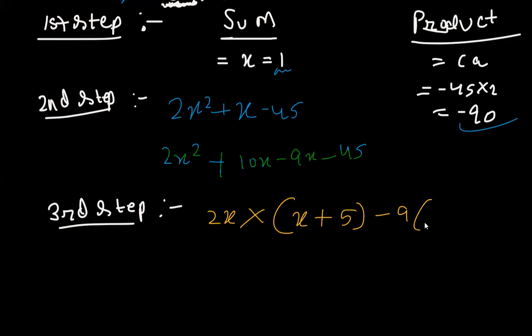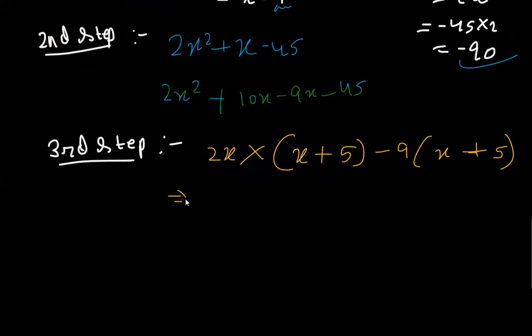Minus 9, if we take common, it will become x, because x into minus 9 is minus 9x, and x plus 5, because minus 9 into 5 is equal to minus 45. Now what we have to do next is take x plus 5 common. If we take x plus 5 common, then we will get x plus 5 into 2x minus 9.